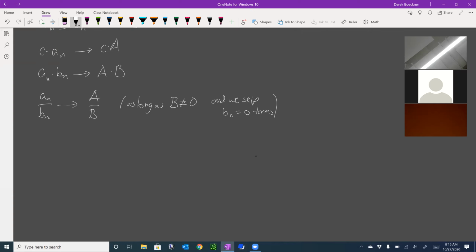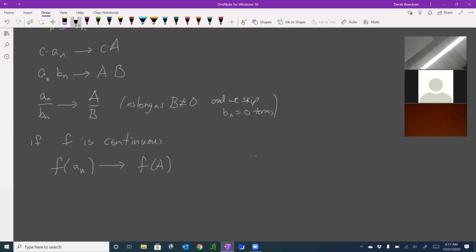Okay, this is the one that I really want to talk about again. So if f is continuous, f of A sub n converges to f of A. So if f's a continuous function, you can do the function before you do the limit, or you could do the limit before you do the function.